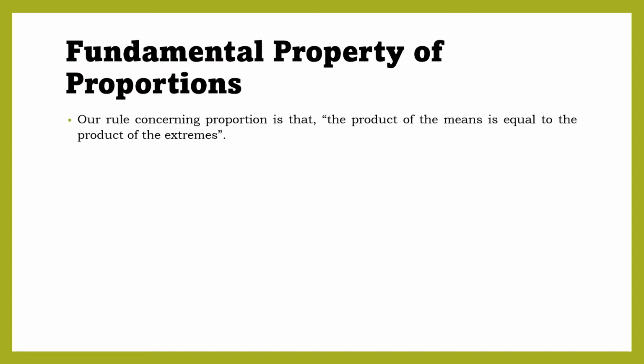Fundamental property of proportion. Our rule concerning proportion is that the product of the means is equal to the product of the extremes. For example, we have here 3:4 is proportionate to 15:20, and for letter B, 4/6 is proportionate or equal to 8/12.